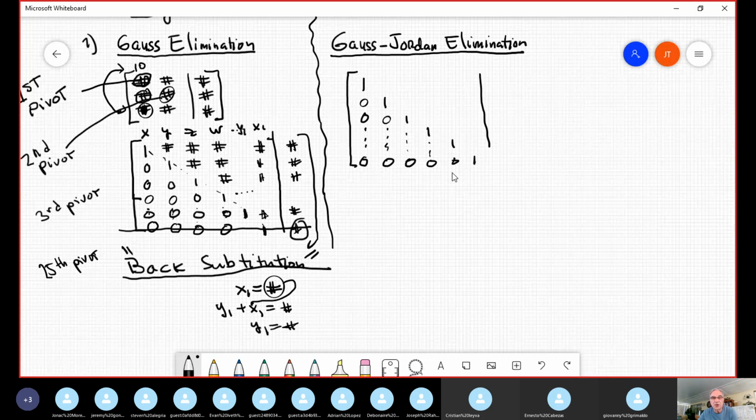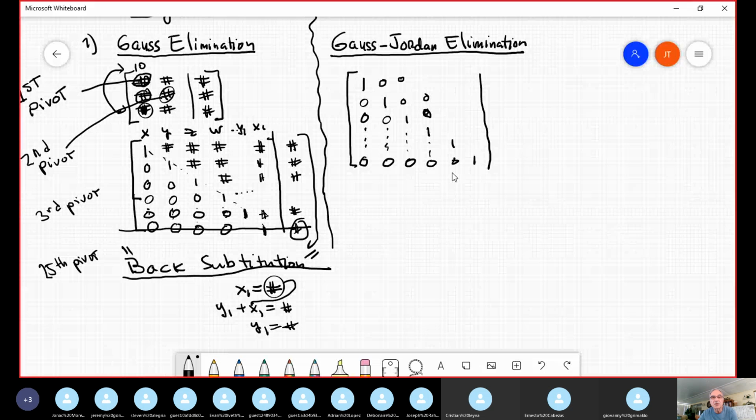Why not do it not only below the pivots, but below and above the pivot? Doing row operations, I create 0 here, 0 here, 0 here, 0 here.